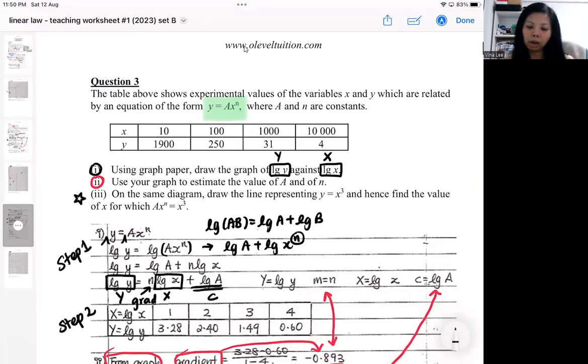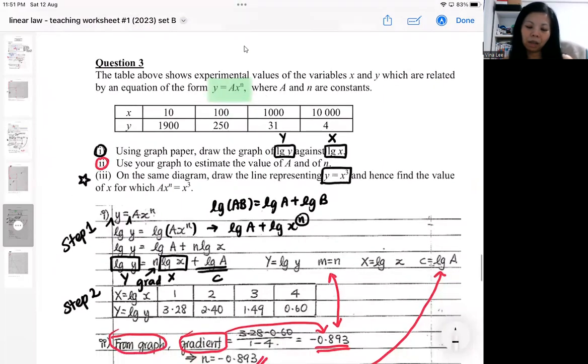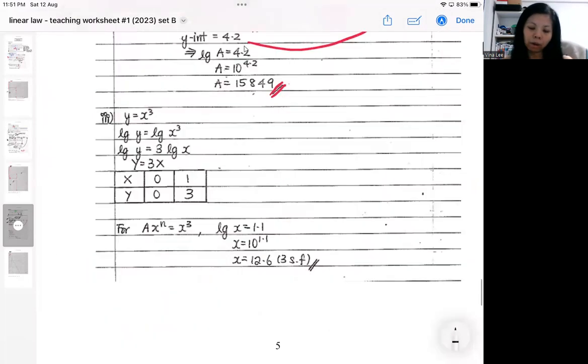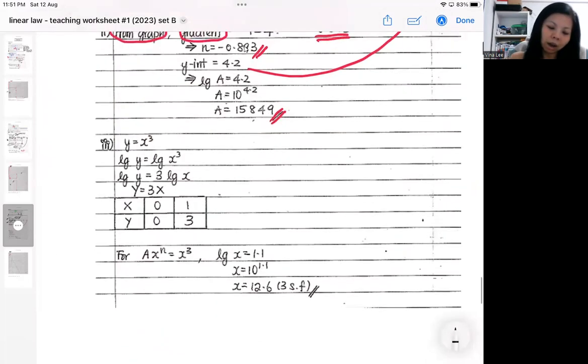Okay, you need to draw the line to represent another equation. So if they give you another line, you still need to linearize. You must linearize to the same capital X and capital Y. So what I did was, I still do a LG on both sides.